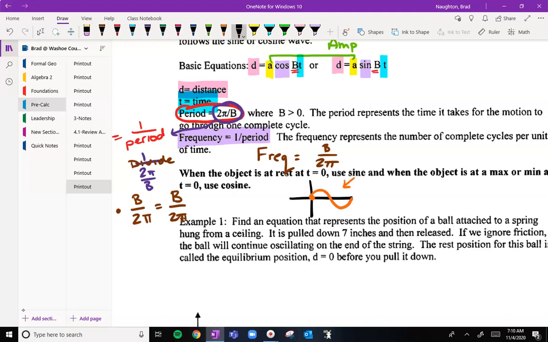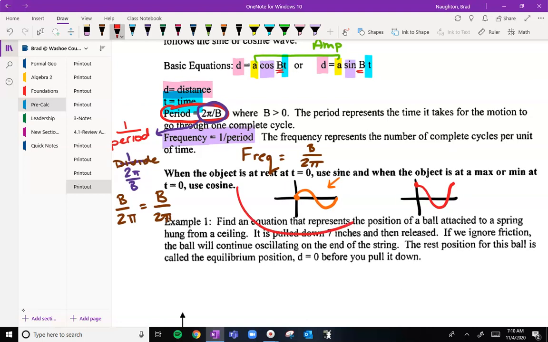Or am I starting this problem where I've actually pulled the string or the buoy or whatever, a value up, and so then it's going to go and do one of these. And that's, of course, when we're going to use our cosine. So we have to read these problems and decide what's going on and then move appropriately.